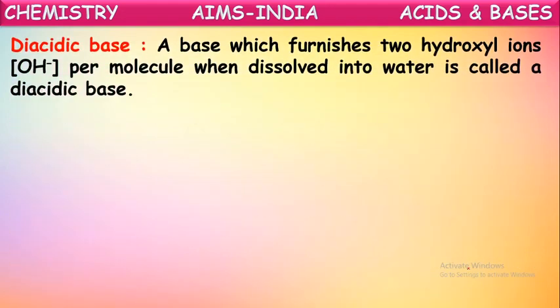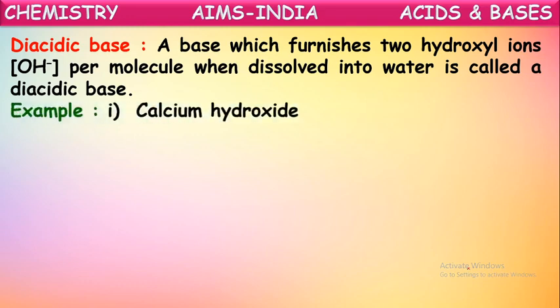Diacidic bases. The bases which furnish two hydroxyl ions per molecule when dissolved into water are called diacidic bases. For example, calcium hydroxide. Its formula we know, Ca(OH)2. When it is dissolved into water, from each molecule of calcium hydroxide, two OH minus ions are produced.